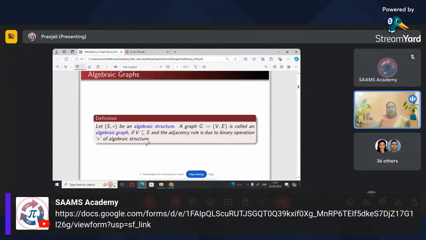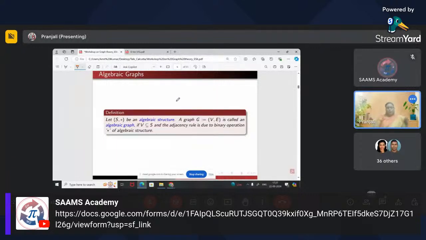So let us start. What is an algebraic graph? Take an algebraic structure S along with the binary operation star. Then a graph is called an algebraic graph if the vertex set V is a subset of that set S, which we have taken as an algebraic structure, and the rule of adjacency comes through the binary operation.